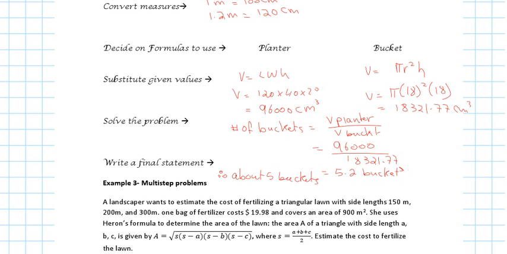If you're buying this, you probably want to buy 6 buckets. If you're buying the buckets, but because you already have the soil there, or the fertilizer, I don't know what we're using here, and just how many buckets do you need. So it's about 5 buckets.